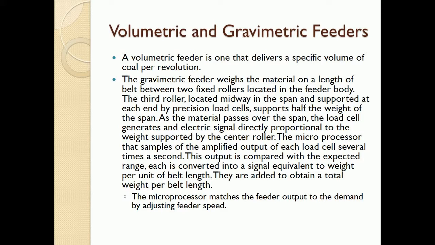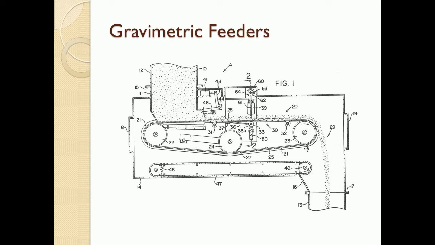The microprocessor matches the feeder output to the demand by adjusting feeder speed. The idea is that every rotation of the head pulley delivers 100 pounds of coal to the furnace for combustion. Here is a cutaway drawing of a gravimetric feeder.